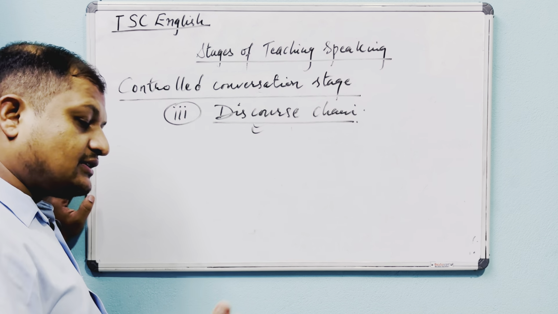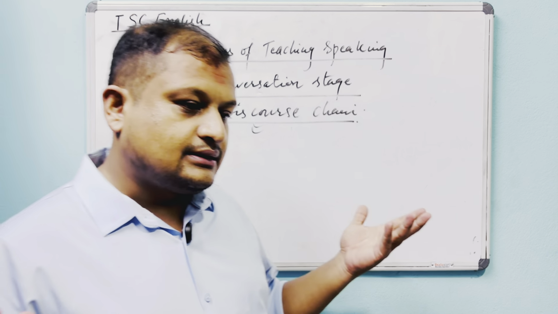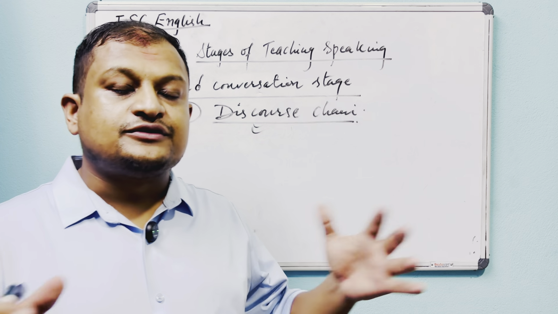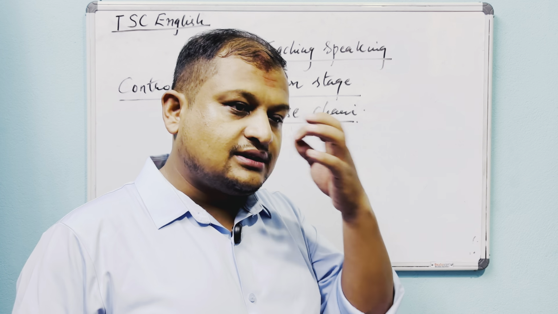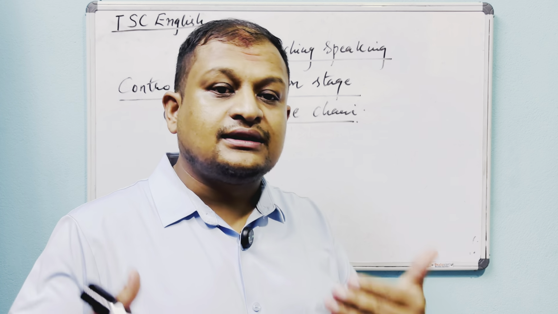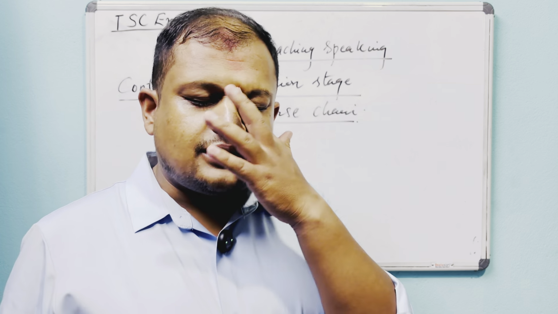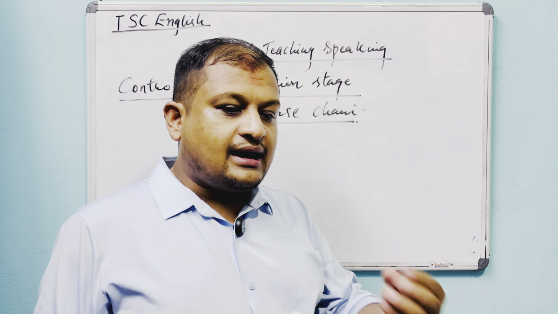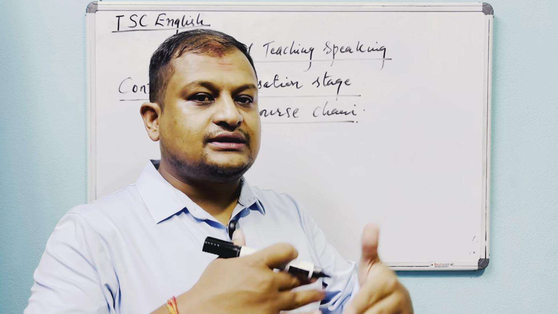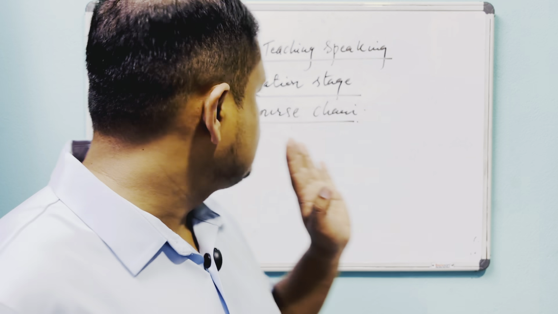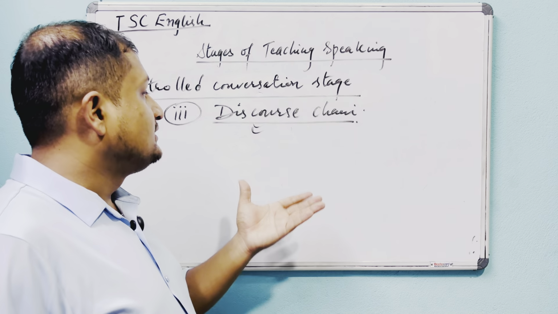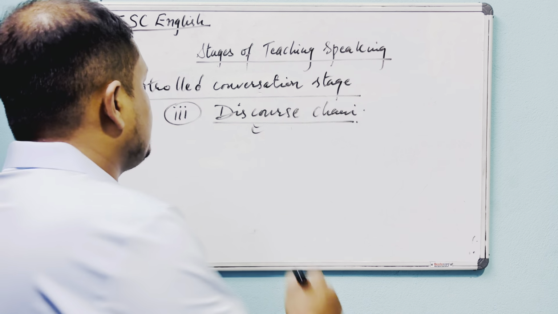The teacher will give the context, then the teacher will say, introduce yourself to each other. Then the students will start introducing themselves and asking in return about their friends. And that conversation in the given context will continue a little further with some more dialogues. So they will have more levity in this one, in the discourse chain.